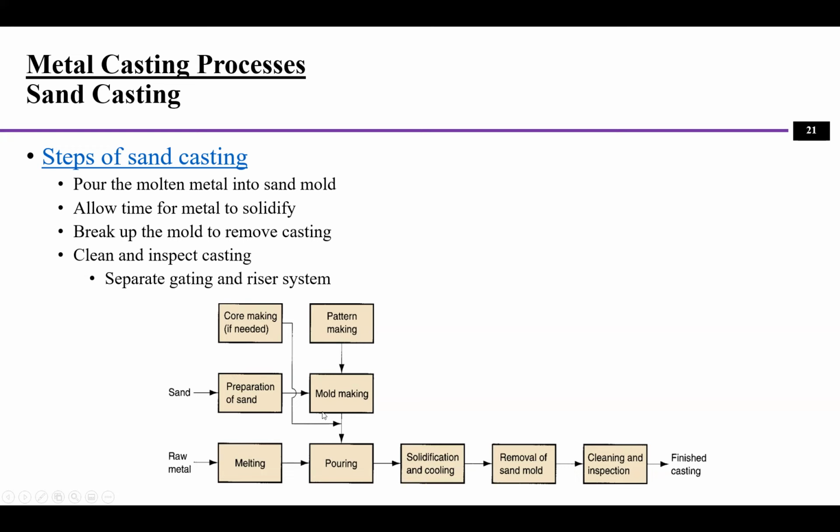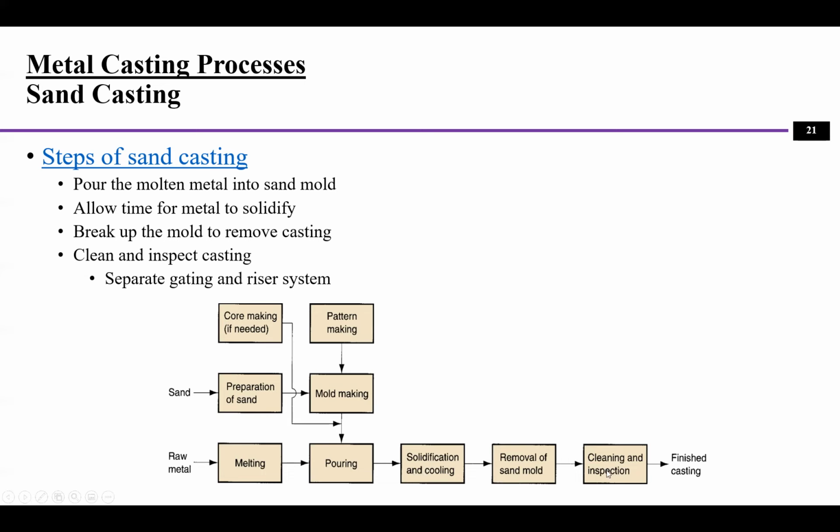And then after we have the mold, we need to melt the raw metal and then pour it into the mold. Then we wait a little bit until it's solidified and cooled down to room temperature. And then we can remove the sand mold and get the part.